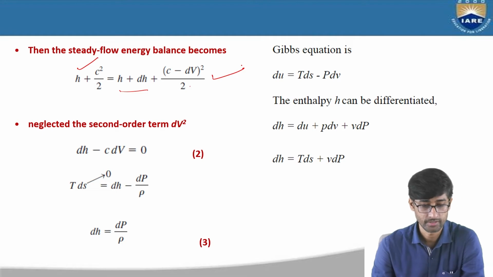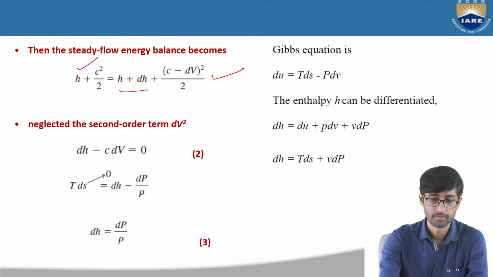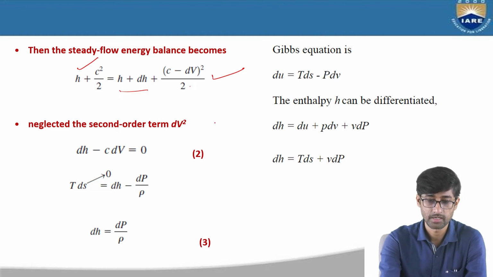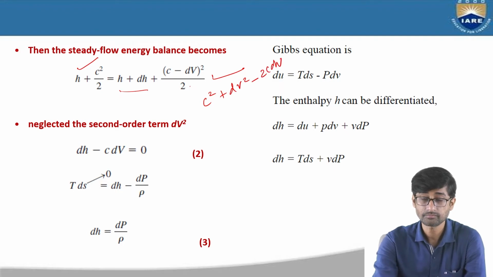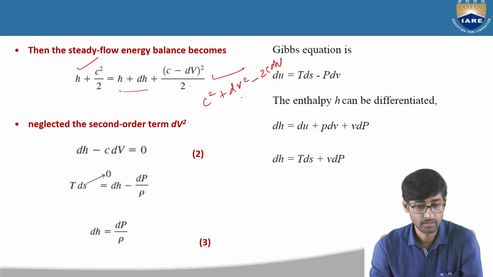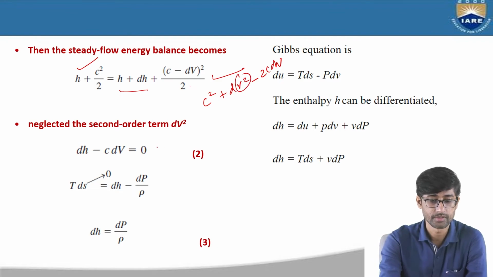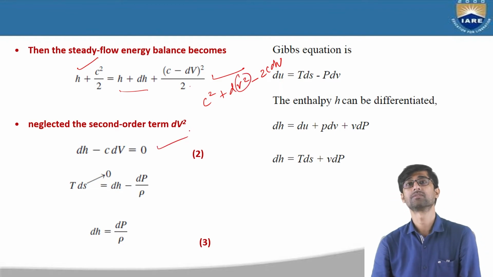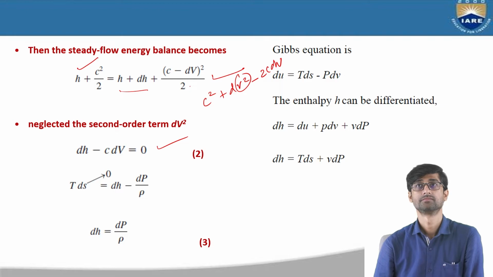If you open the square bracket, c square plus dv square minus 2c dv. By neglecting the higher order term dv square, you get dh minus c dv equals 0. This is equation number 2.